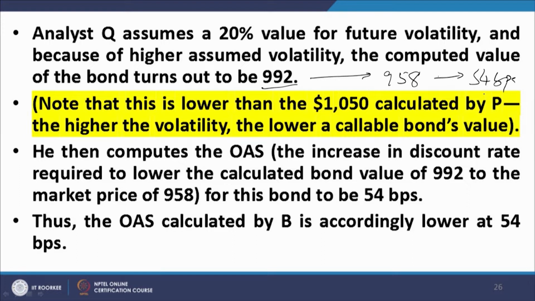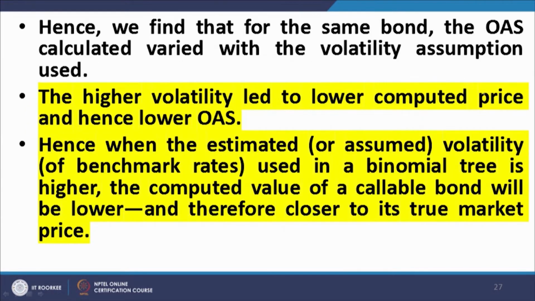So, the higher the volatility that is used for calibrating the interest rate tree, the lower would be the option adjusted spread. Hence, we find that for the same bond, the option adjusted spread calculated varies with the volatility assumption used. The higher volatility led to lower computed value and hence to lower option adjusted spread.